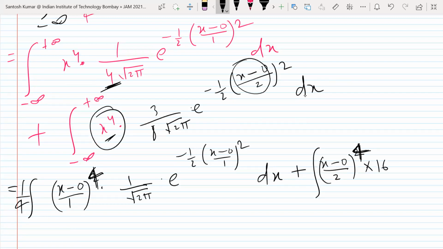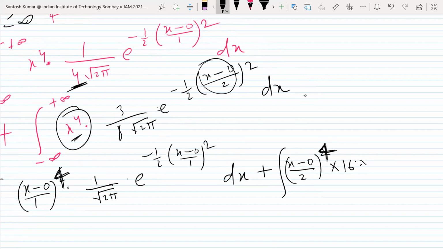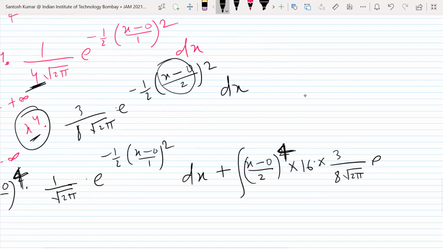So this will be the same as x^4 into all the term, into 3 upon 8 root 2 pi, e raised to power minus half ((x minus 0) upon 2) square dx.